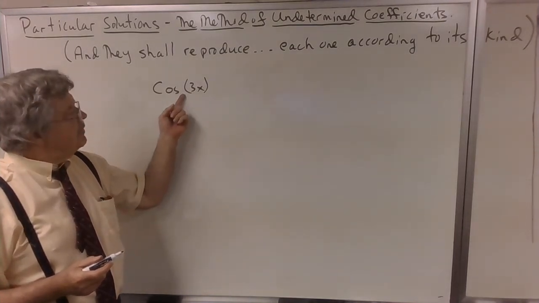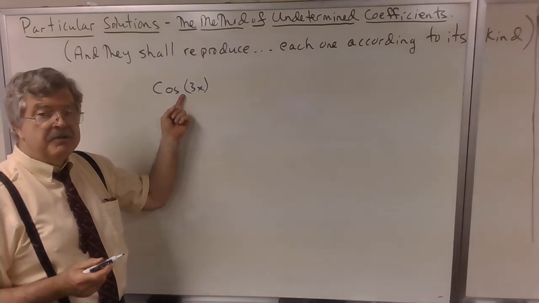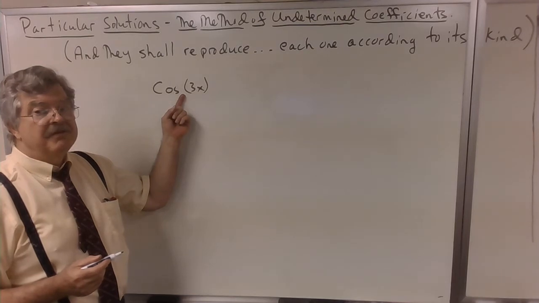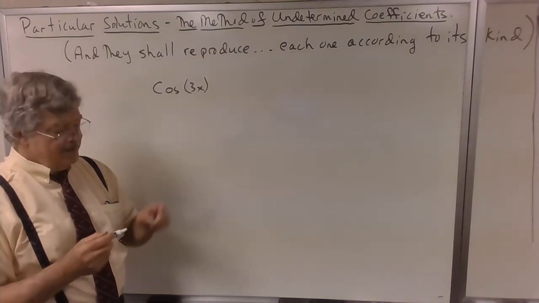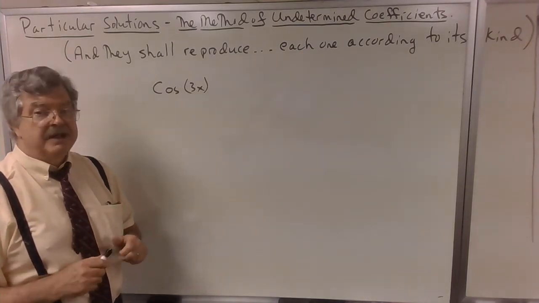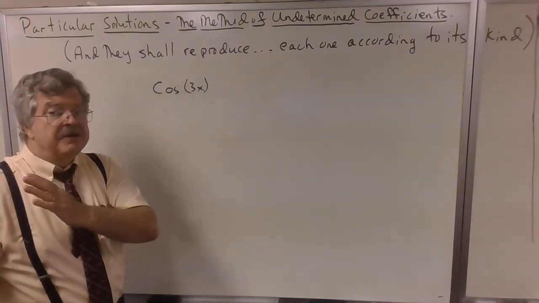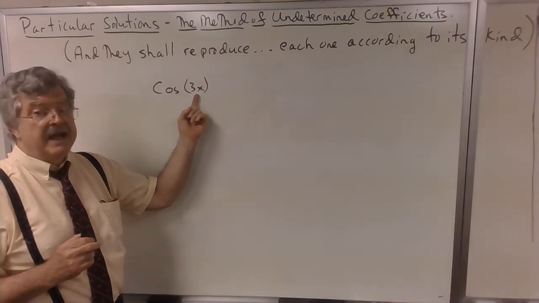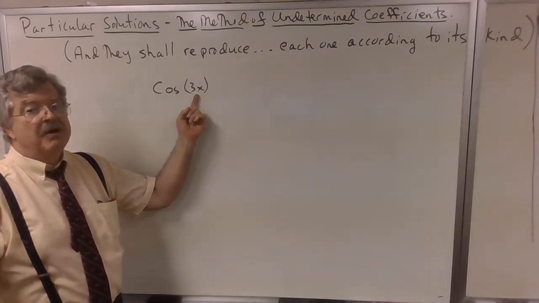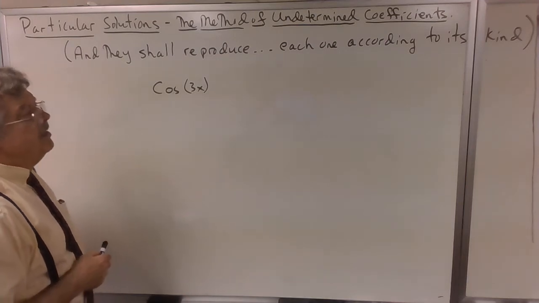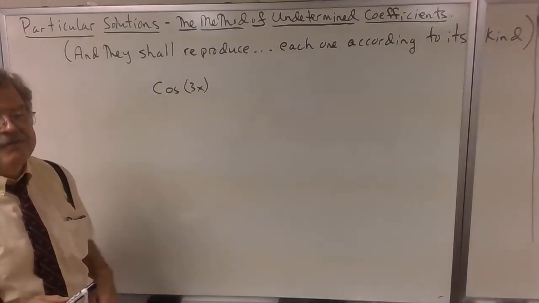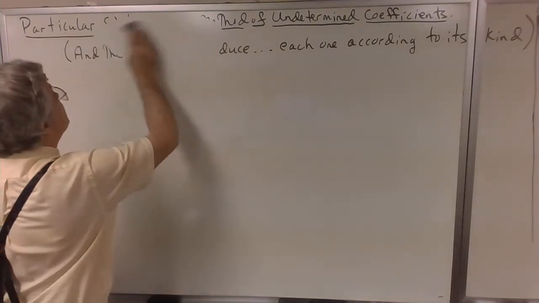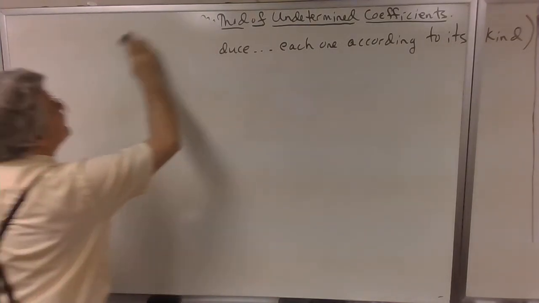If I want to get cosine of 3x by computing the derivative of some function, what does that function have to look like? Isn't it going to have to be a linear combination of sine of 3x and cosine of 3x? The argument, 3x, is going to have to be the same in all of the functions. So that's sort of a preview of the principle that we're going to be working on.